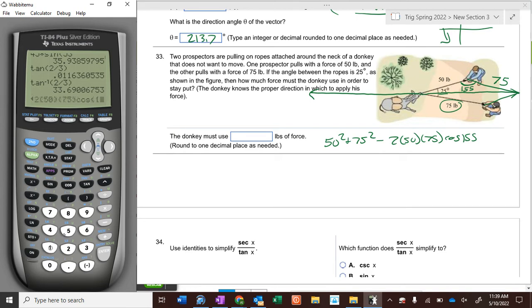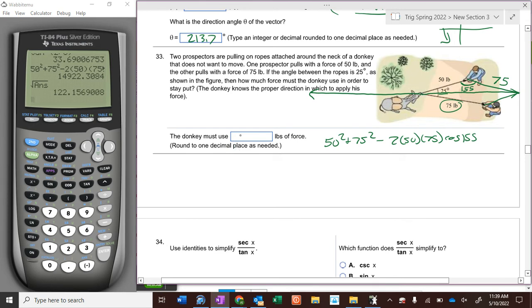Cosine of 155 equals, and that's way too big of a number, so I've got to take the square root of that answer, and it's 122.15. So 122.2 pounds.